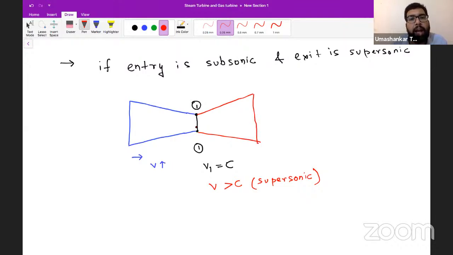So after the velocity reaches sonic velocity, to increase it further you must diverge your cross section.